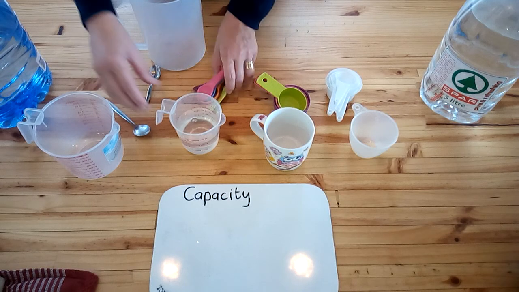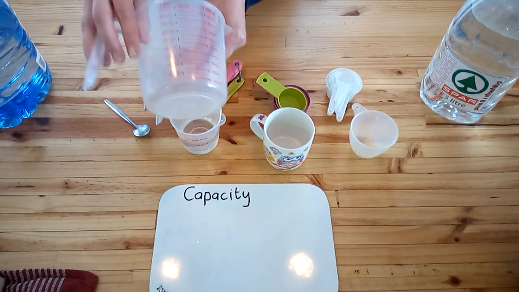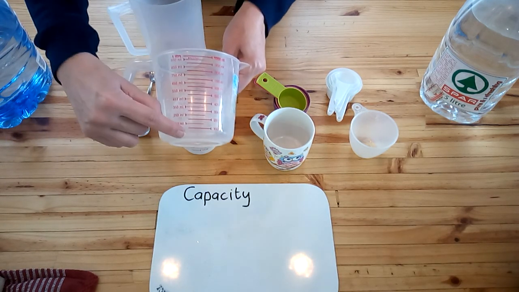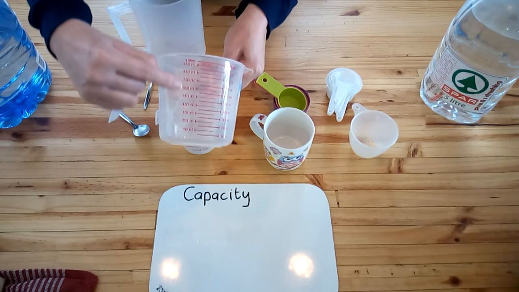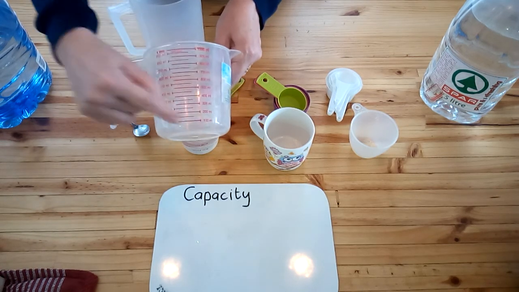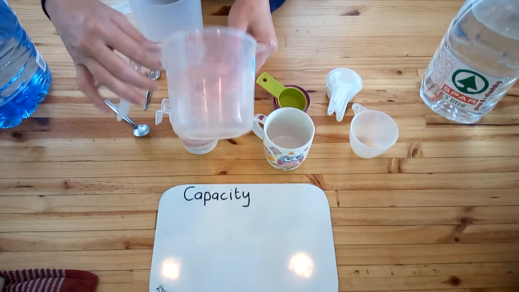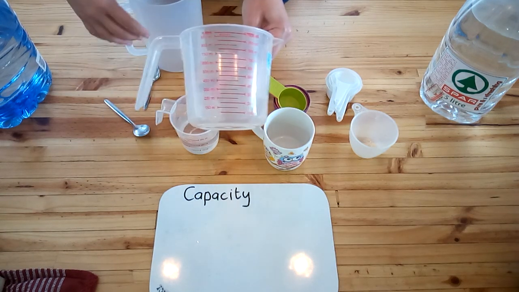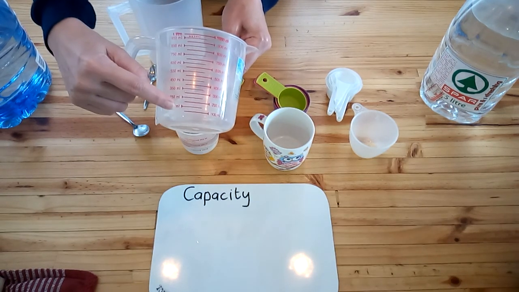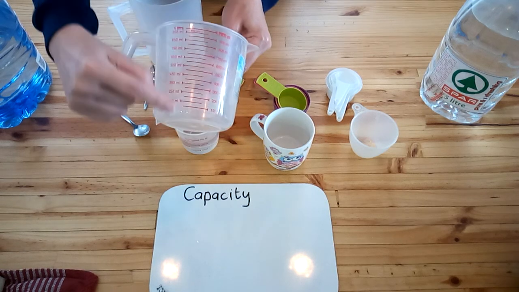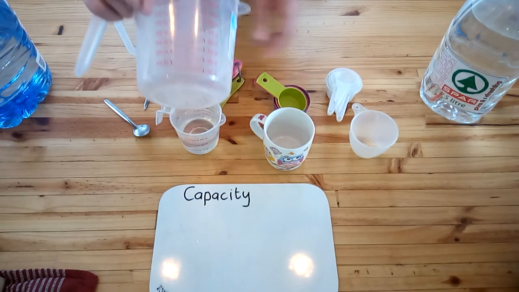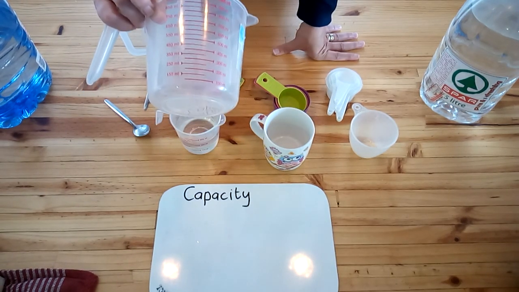Now, if we look at the containers, they have all these measurements, these lines, and quantities to show you how much liquid or whatever, flour, anything, I can put into this measuring cup. Now, we call it calibrated. It's like the centimeter and millimeter lines on your ruler.